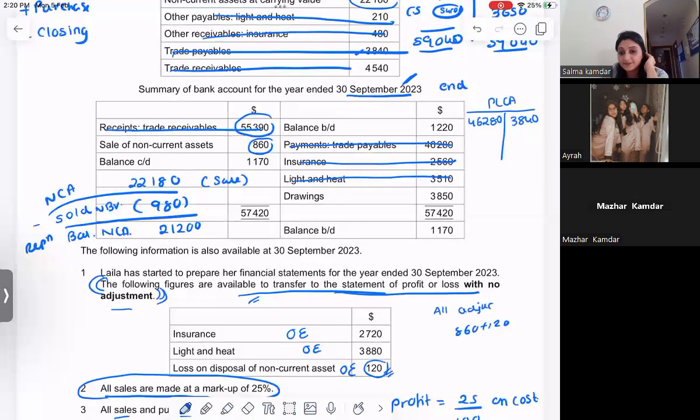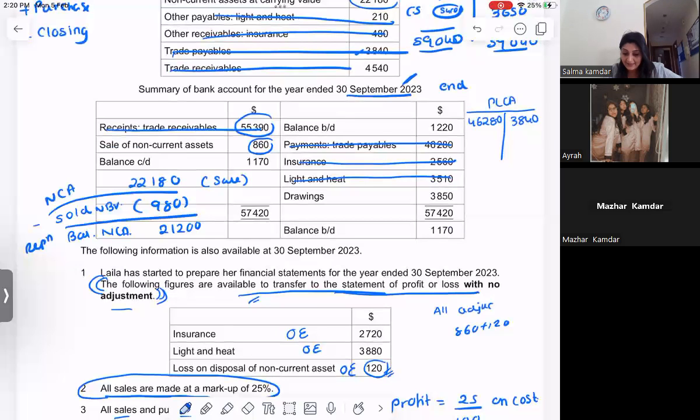Are you with me? So 21,200 is the assets that we have left. Maybe they will give us the closing value so that we can find out depreciation. They've given us 10% depreciation. That we will see later.